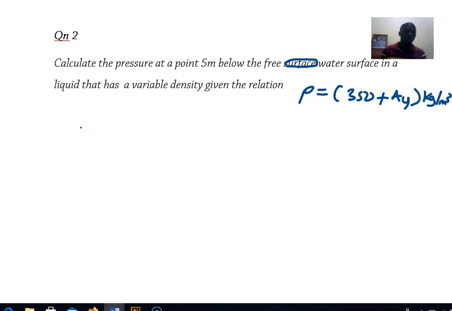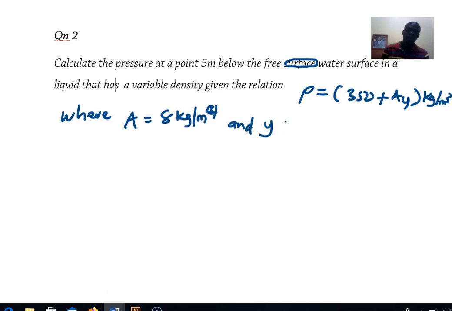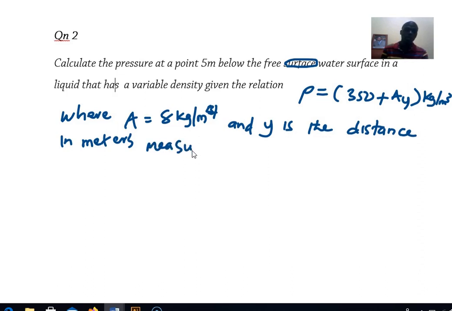Where A is equal to 8 kilograms per meter to the power 4, and y is the distance in meters measured from the free surface.